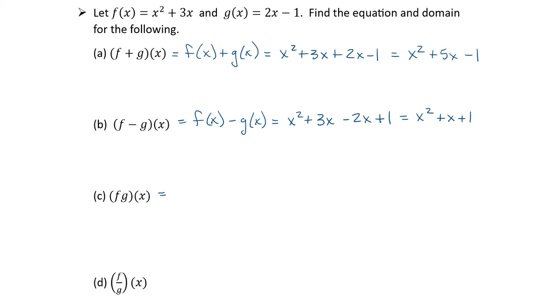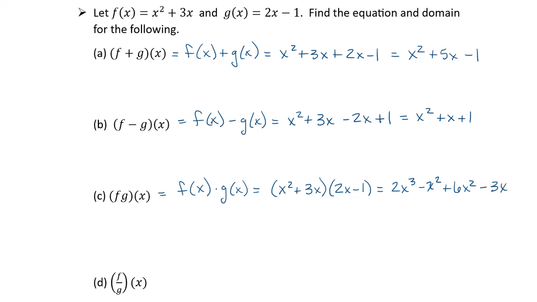f times g of x is going to be f of x times g of x. So we have x squared plus 3x times 2x minus 1. So I'll have 2x cubed minus x squared plus 6x squared minus 3x.